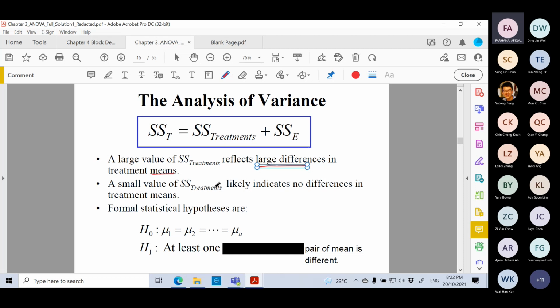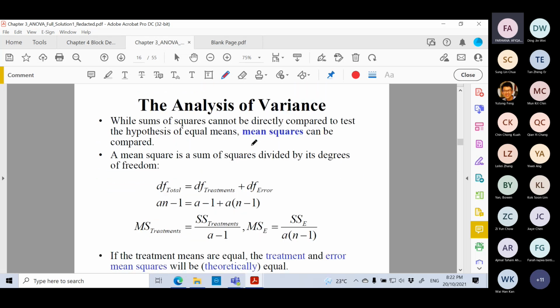Okay. So now you know you can partition it into the different components. Then of course we need to know what suitable statistical test to use. Before you know that, you need to know some other things.